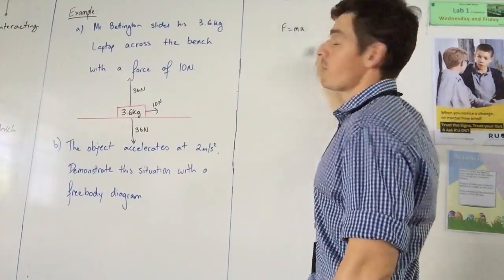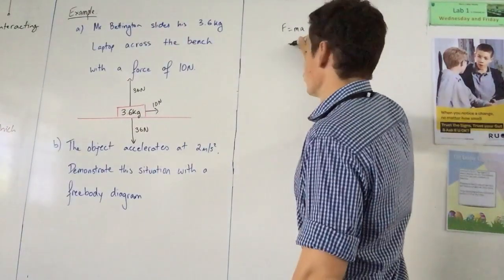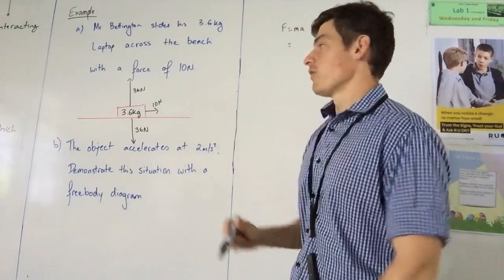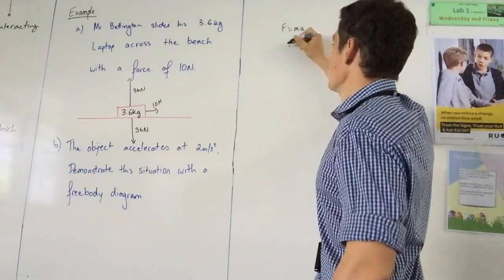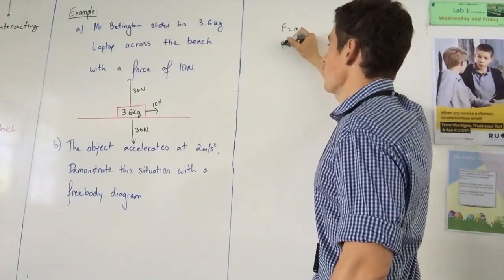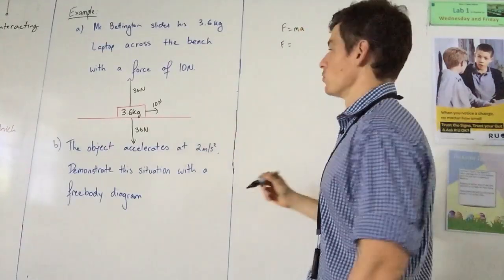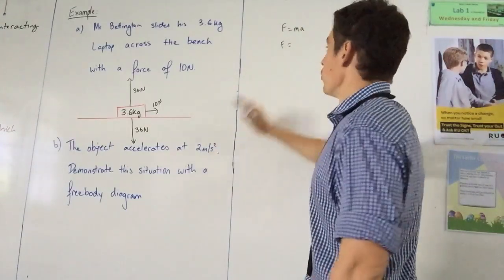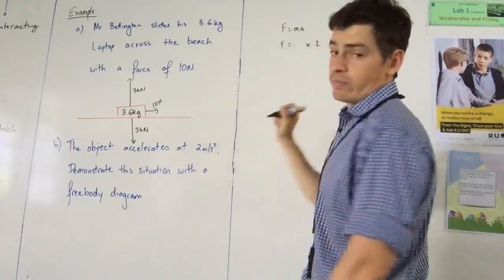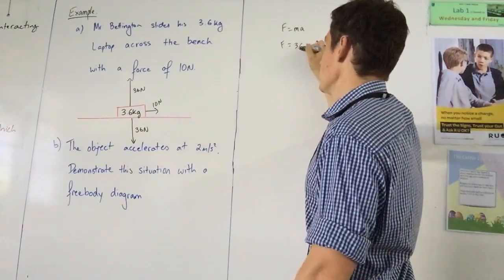I'm trying to find my frictional force here. Oh, sorry, I'm trying to find my driving force. A little bit tricky here. Despite the fact they've given me my force before, I don't know what the net force is. I do know my acceleration is 2, and I know my mass is 3.6.